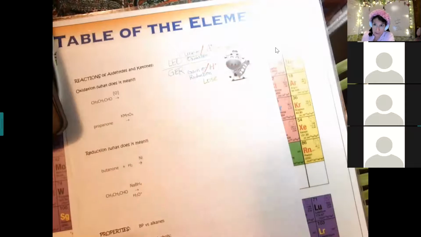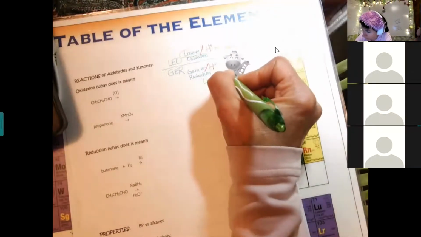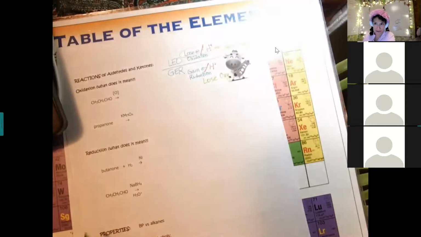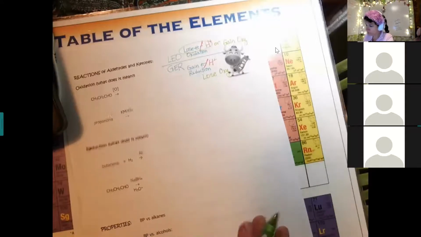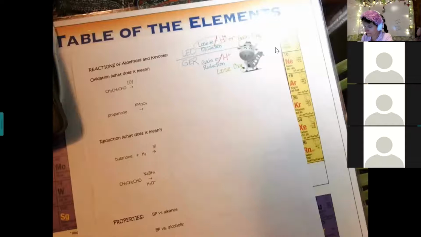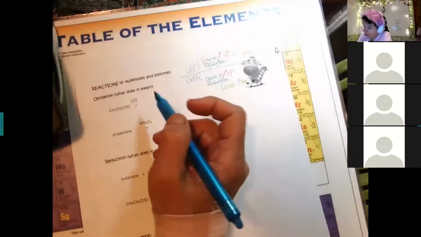That's why it was called reduce, because they actually lose an oxygen. This is actually the definition before electrons were discovered. They didn't know anything about electrons yet. They were just doing biochemical reactions and noticing oxygen's gaining, losing, and they came up with this term, and then we expanded it over time. So we're going to do oxidation first.